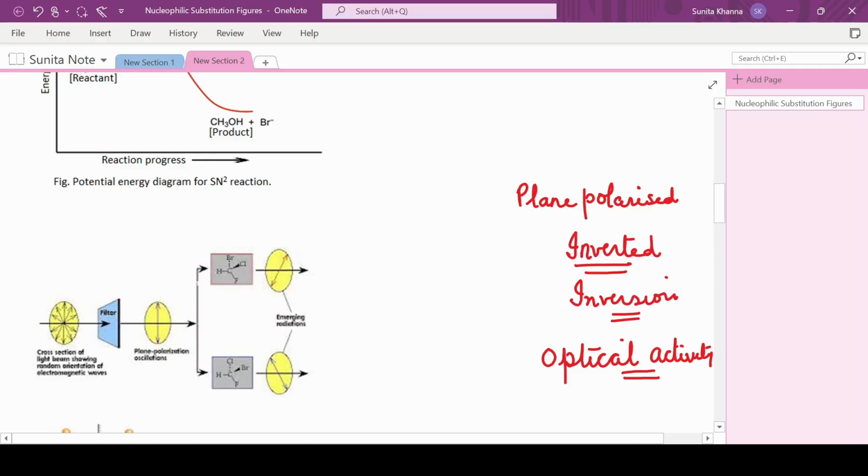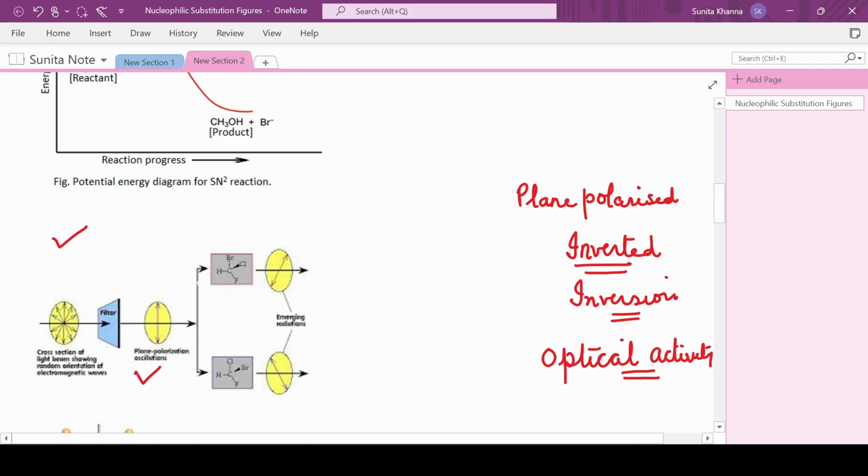Please come to this figure. Here we can see the vibrations of the light in all directions. When it is passed through a filter, for example a nicol prism, we can see the vibrations in one direction only. So this light is known as plane polarized light.